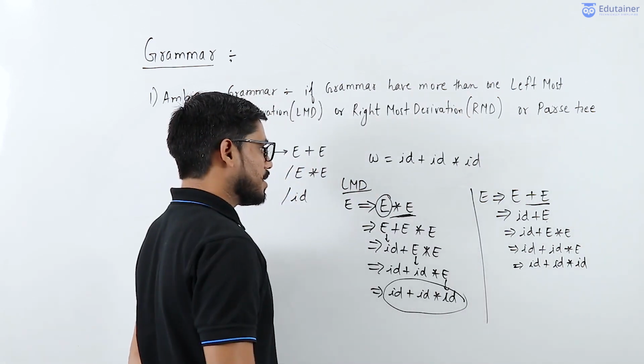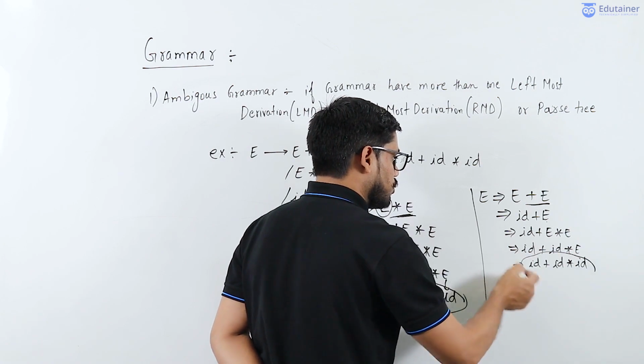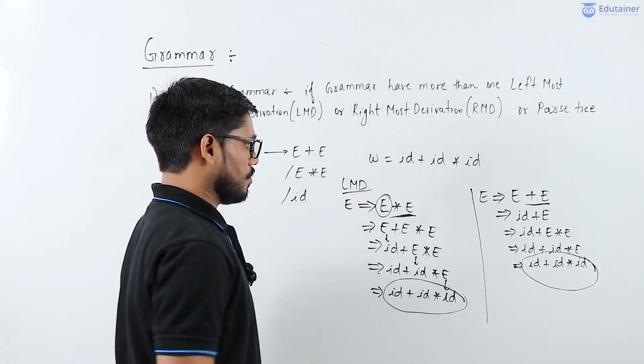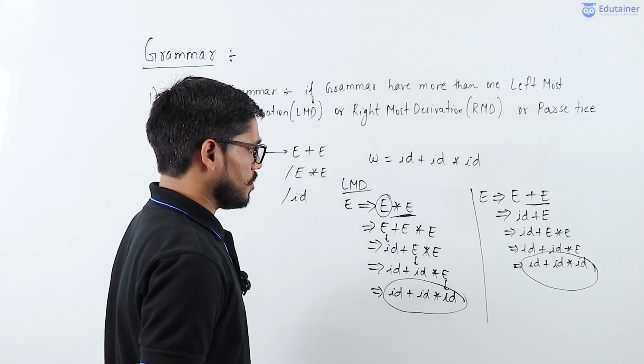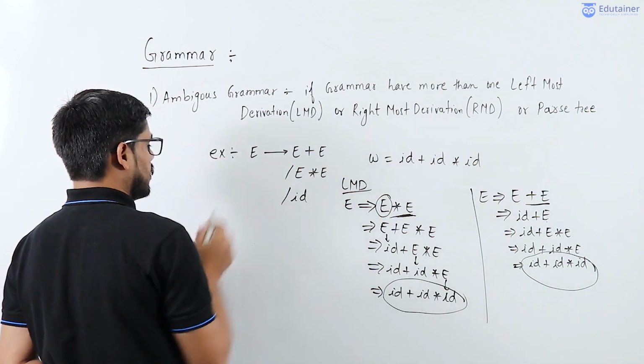So I will get the same result with the help of leftmost derivation, and it is more than one time. So definitely this grammar is an ambiguous grammar.